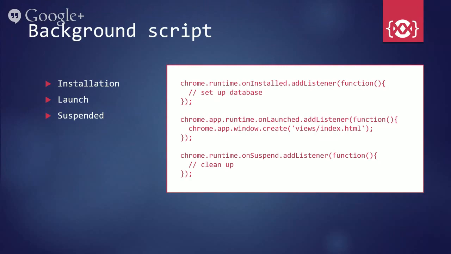And also the suspended command, which is quite obvious, is when Chrome needs to shut down, it will call that function before it does, and you can do cleanup stuff to clean up messy stuff of the application, for instance.